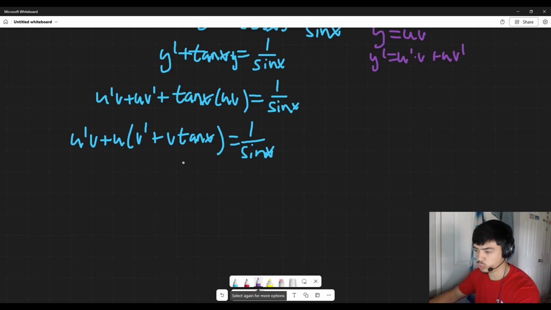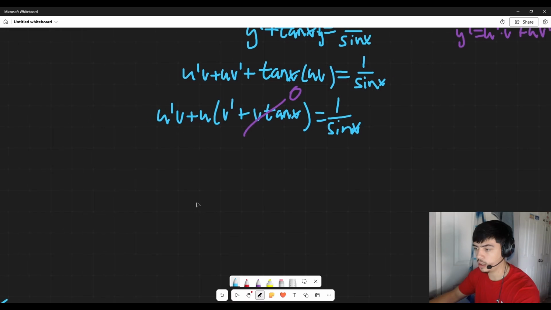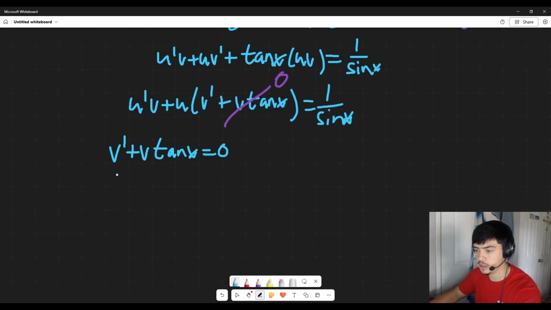Now, remember, we set this whole thing equal to 0, and we worked on it on the side over here. So what we have is v prime plus v times tangent x equals 0, rewriting this into a separable differential equation.